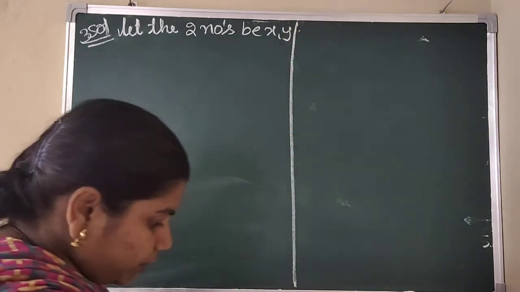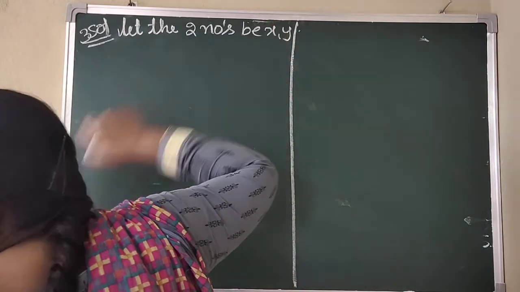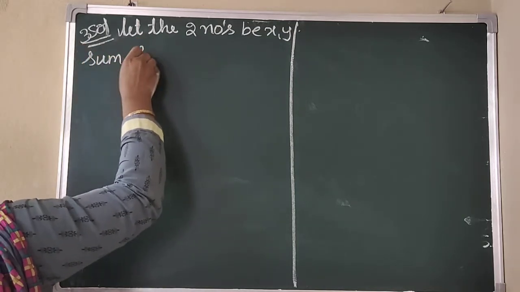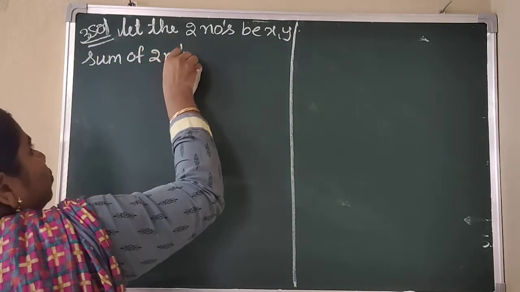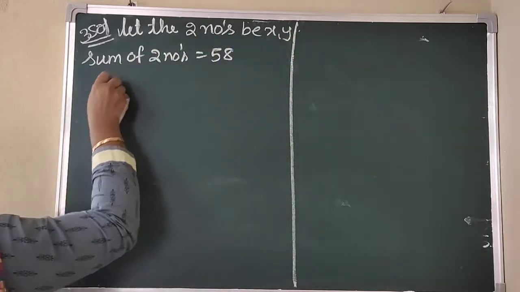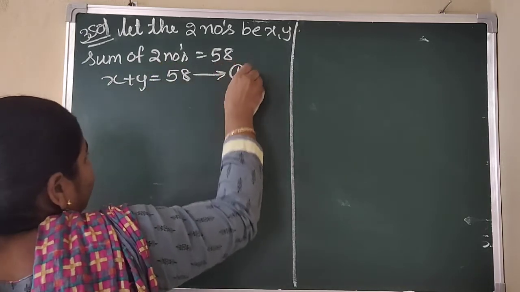What is the first condition? Sum of two numbers is 58. So if you are adding these two numbers, the result will be 58. So this is equation number 1: x plus y is equals to 58.